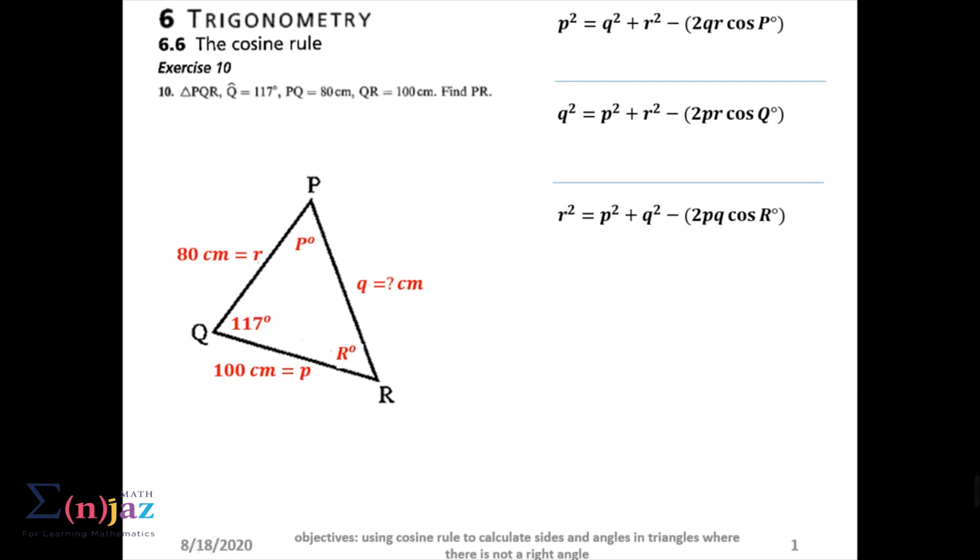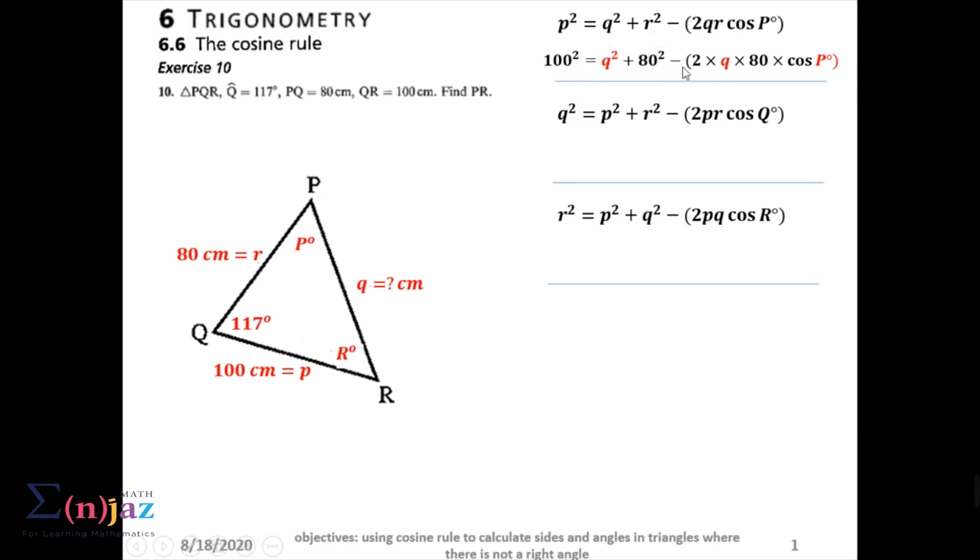Now all we need to do is substitute. So here p is equal to 100, as you can see. So it's going to be 100 to the power of 2 is equal to q, my unknown, q squared plus r, which is equal to 80.